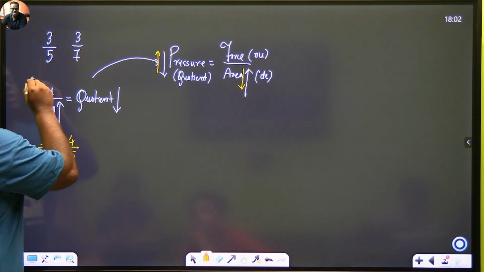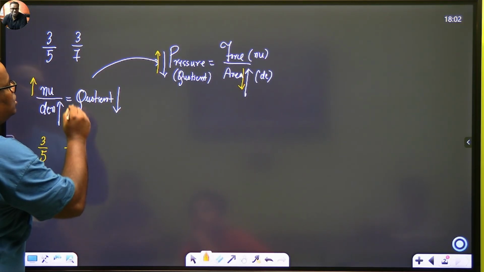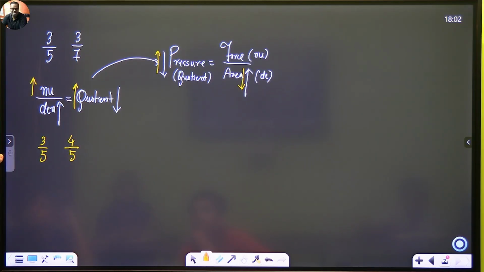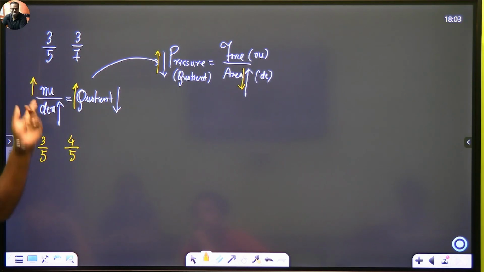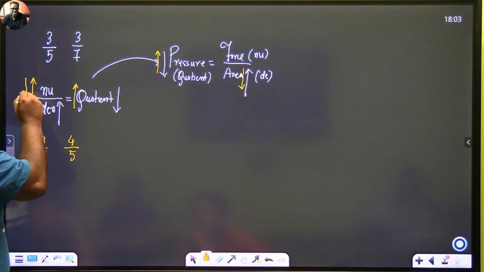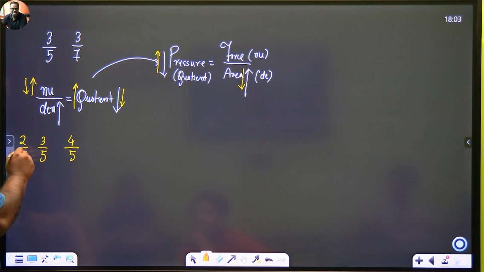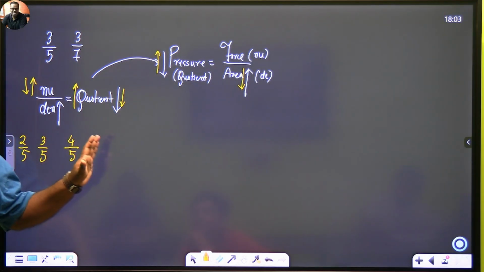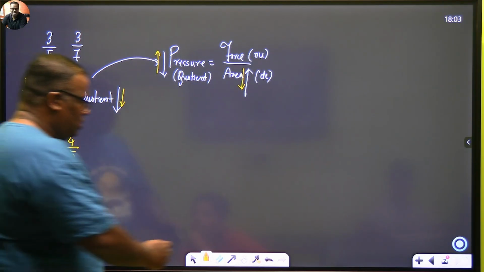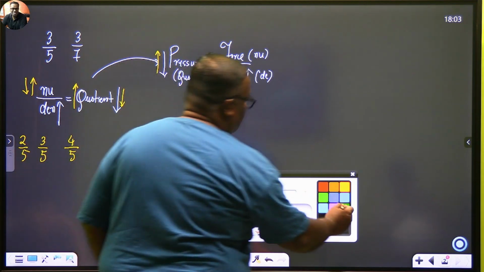Now, in my second assessment, what we are trying to do, we are keeping the denominator constant and we are trying to increase the numerator. That is three mangoes eaten by five children, four mangoes eaten by five children. Obviously, four mangoes eaten by five children, we will get more as a quotient. That means in any fraction, if the denominator is kept constant and if the numerator is increased, the quotient value increases.